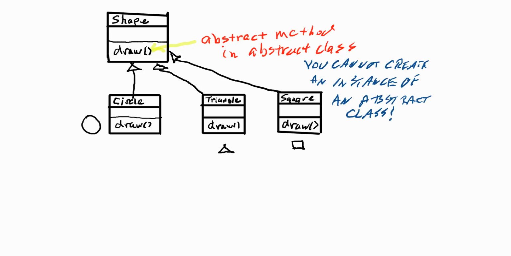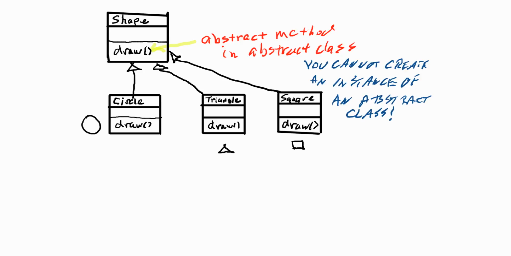And the reason you can't do that is because this is a really handy thing to have, but it doesn't correspond to any real object in the real world. So it makes our program nicer, but it doesn't make any sense to ever create one of these. So we can declare it abstract. And as soon as we declare it abstract, it says, well, you don't have to write the bodies of all the methods, because things like draw, I don't know how to fill in that body because I don't know how to draw a shape until you tell me which shape it is.